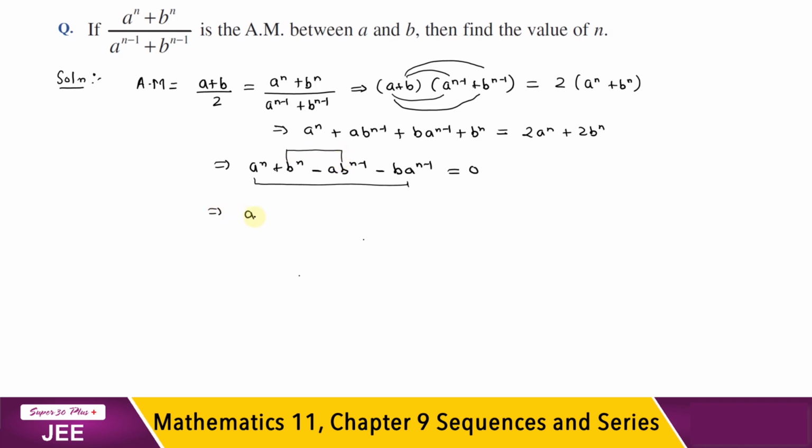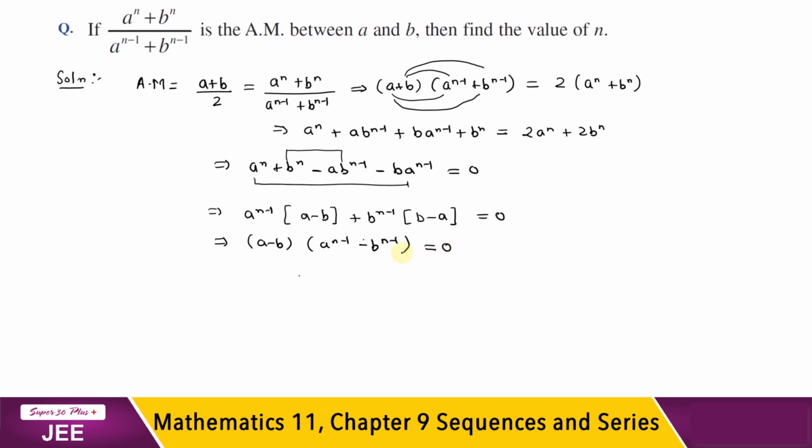So we get a^(n-1) times (a - b), and b^(n-1) times (b - a), equal to 0. So in all we have (a - b) multiplied by (a^(n-1) - b^(n-1)) equal to 0.